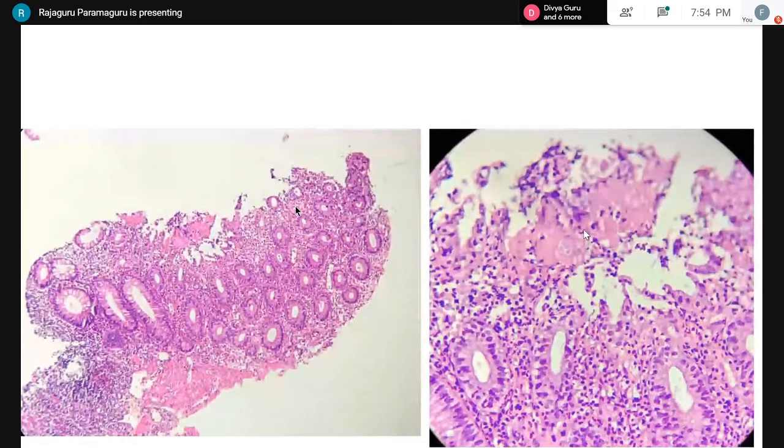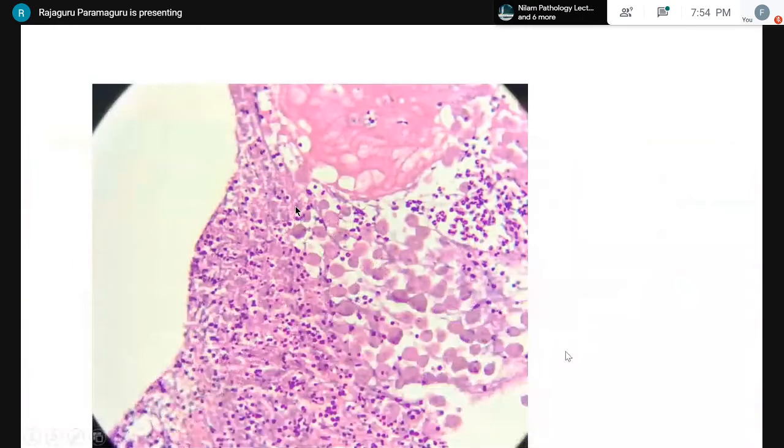And when I did, I found this, and this is a beautiful amoebic ulcer. So I think no one will have a doubt in diagnosing this. But all we need to do is have an idea that amoeba also can present like an IBD.